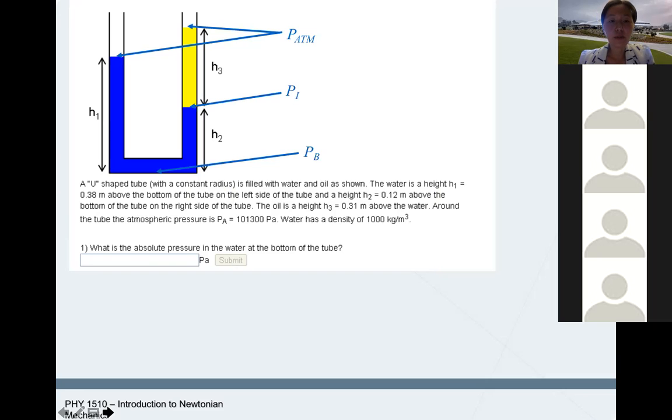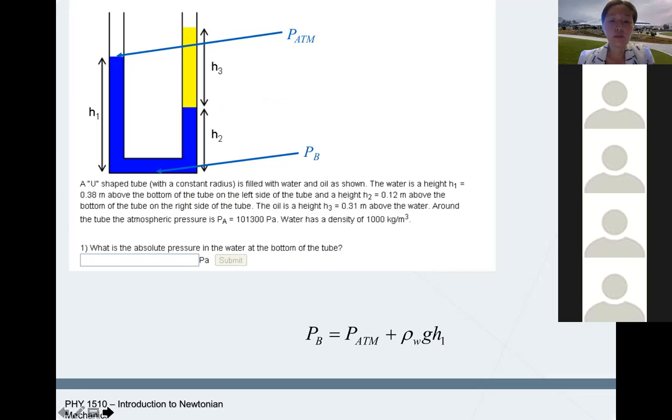So to calculate the pressure at the bottom, P_B, it is an easier calculation if we simply say, look at the left-hand side of the bottom: you have atmospheric pressure, and on top of that, you have a column of water, which is height H1, 38 centimeters.